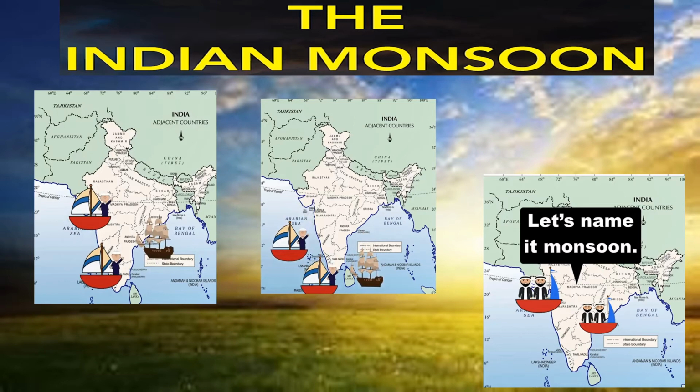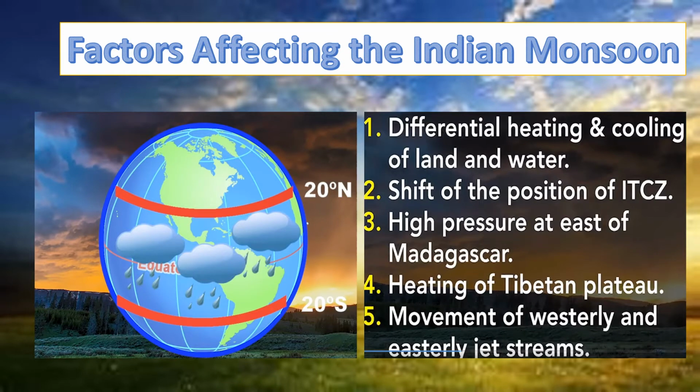It is believed that in earlier times the European traders used to come to India with the help of these monsoons and also go back to their countries with the help of these monsoons. But the word monsoon was actually given by the Arab traders who used to come from Central Asia to trade with India.